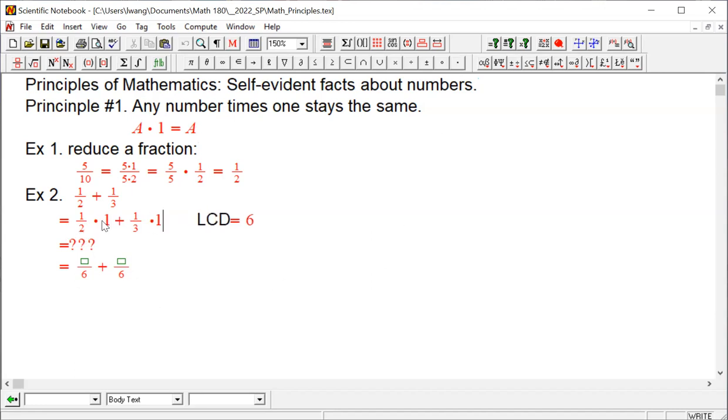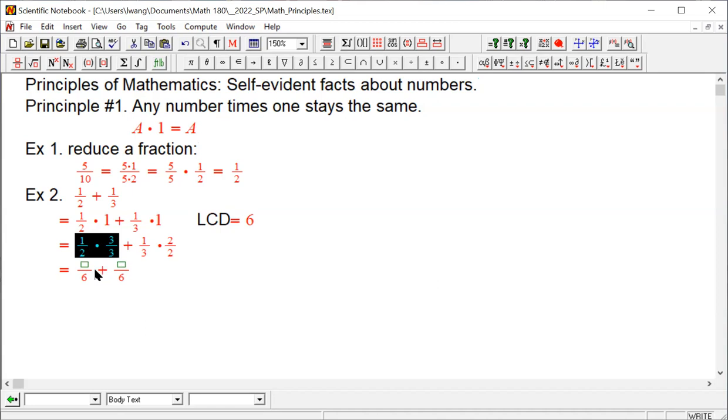But we're going to compose the 1 in such a way that for the first one we choose it to be 3/3, and for the other one we choose it to be 2/2. This way we'll have the same denominator.